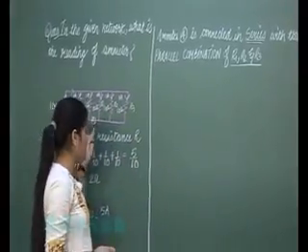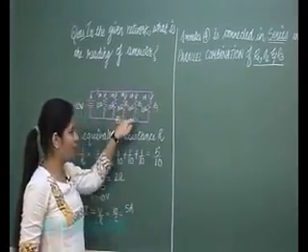Therefore student, ammeter will read the current flowing through R1, R2 and R3.